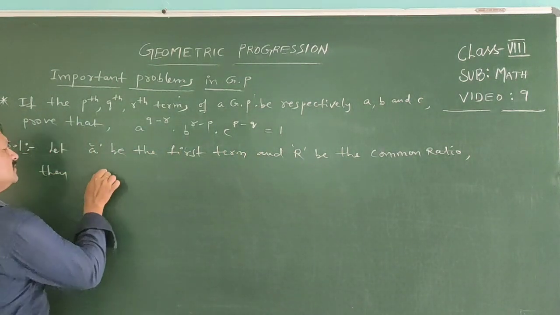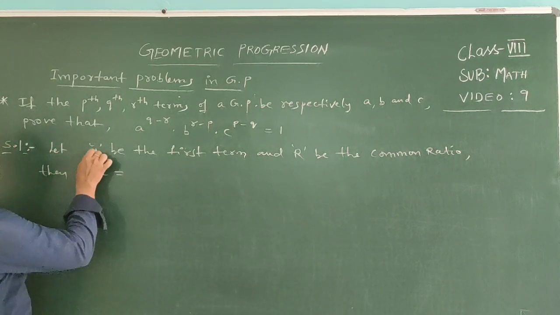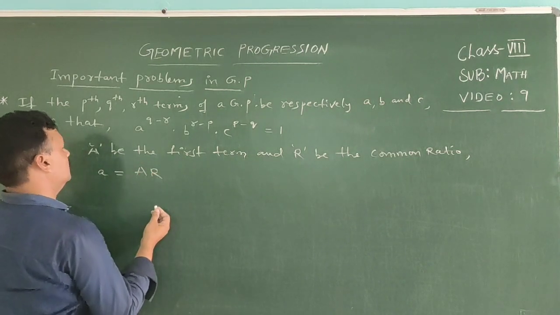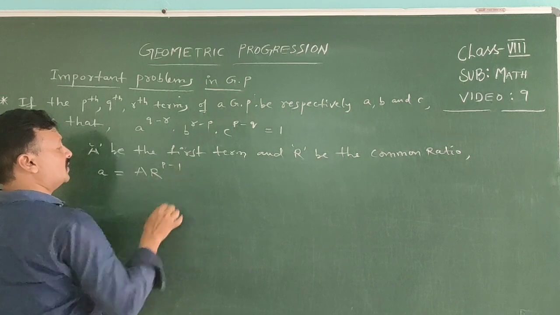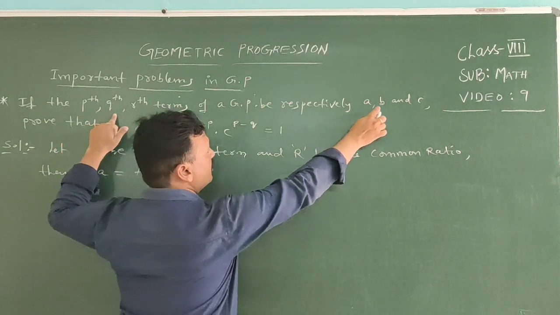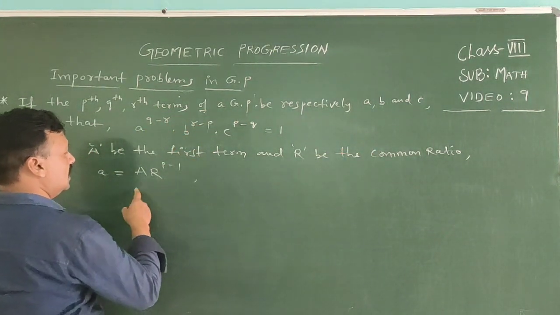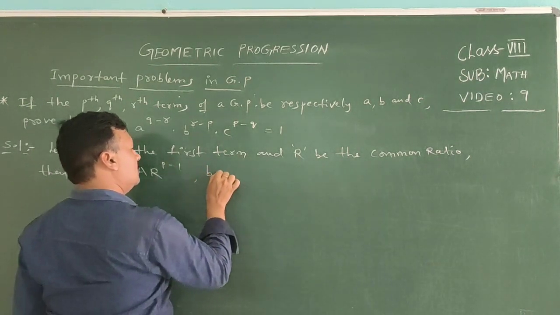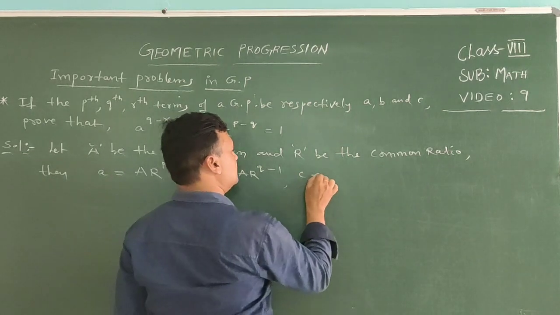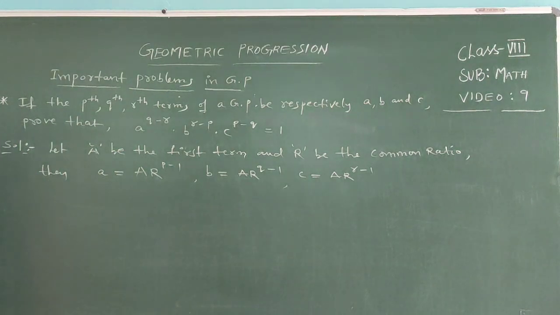Then small a equal to A r power p minus 1, because the pth term is a, the qth term is b, the rth term is c. That's why a equal to A r power p minus 1, b equal to A r power q minus 1, c equal to A r power r minus 1.